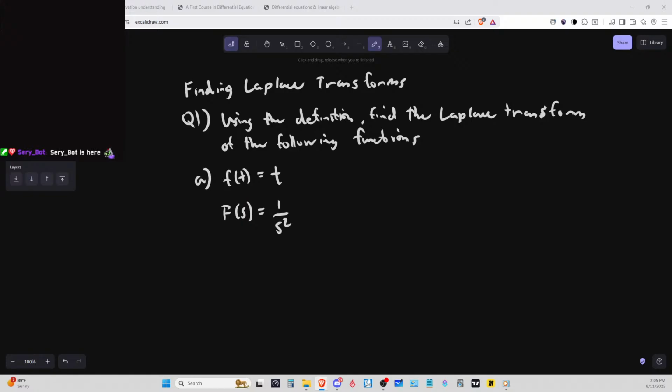I think we got that right, because according to the table, the Laplace transform of t is this. And when we think about it, it's 1 over s to the first power. I wouldn't say it's easy to remember, but I think it's a good benchmark. Okay, so we just drag this over here.